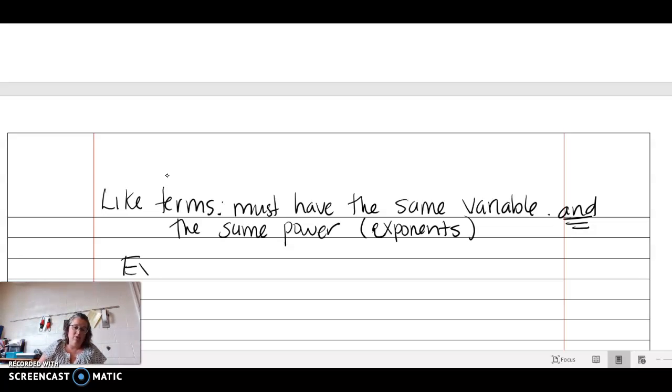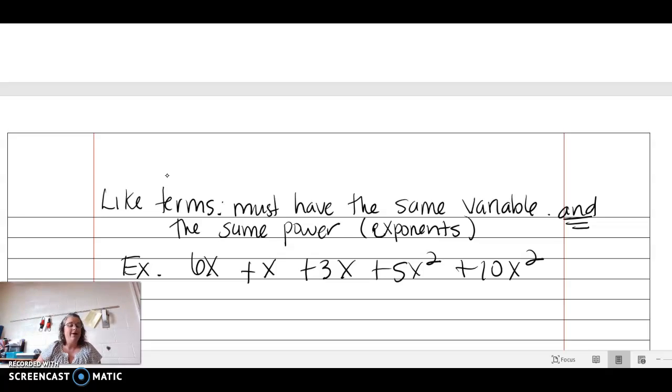So you might get a bunch of terms and you're going to ask, can we simplify this any further? Can we make it simpler than what was given? So if I give us 6x plus x plus 3x plus 5x squared plus 10x squared, this is a really long expression made up of 1, 2, 3, 4, 5 terms, but I'm hoping that there are some things that we can combine in order to make our life a little easier here.